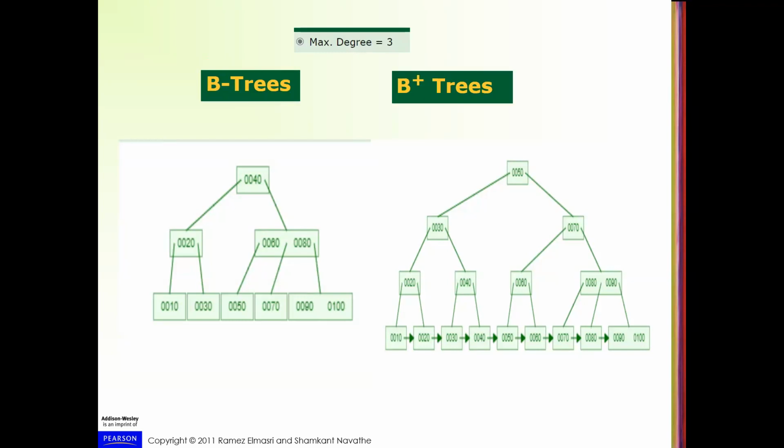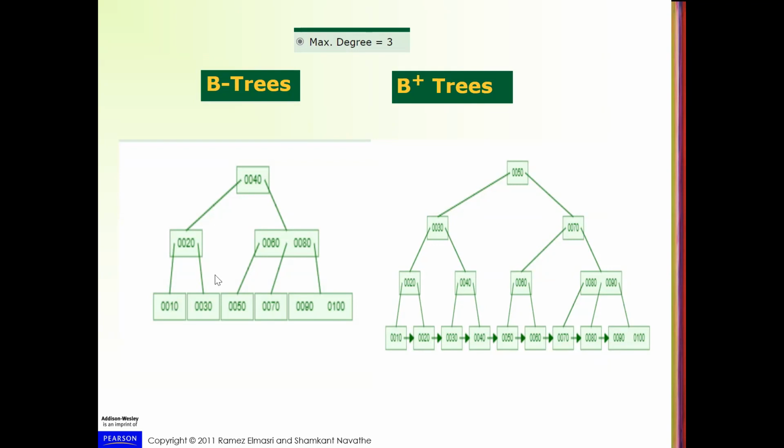Now I will tell you: B+ trees hold the record pointers, the data pointers, in the leaf nodes. So all the elements you see here in the tree are actually available in the leaf nodes, and the leaf nodes, also called leaf siblings, are all connected in a linked list fashion.